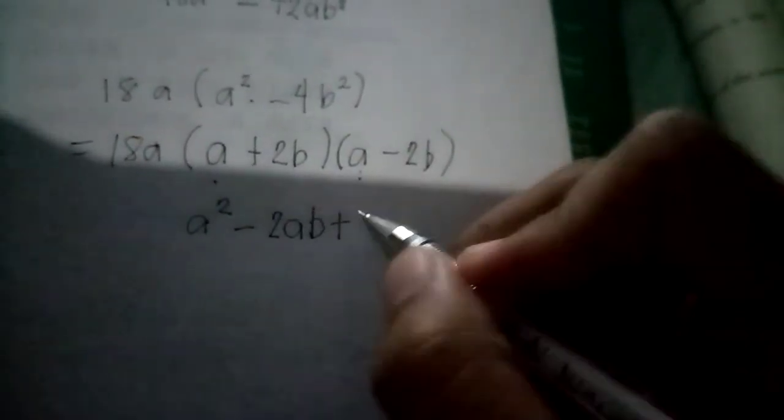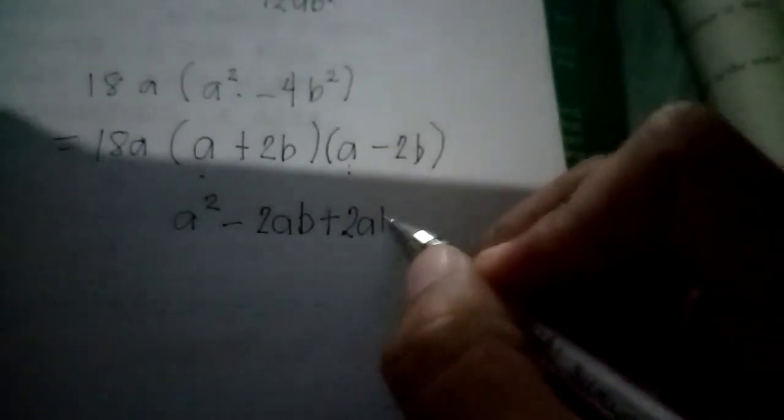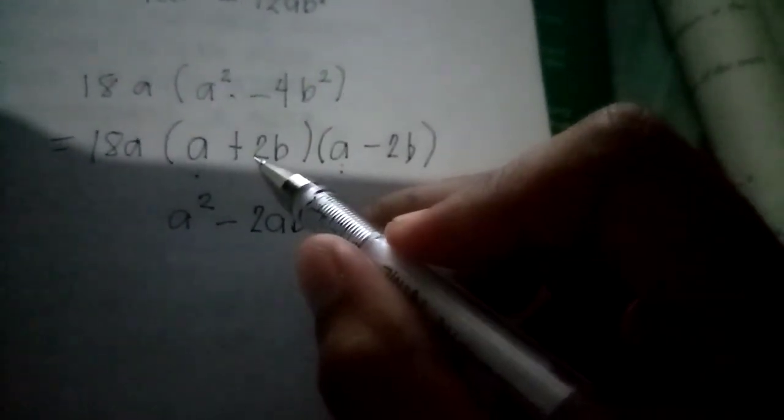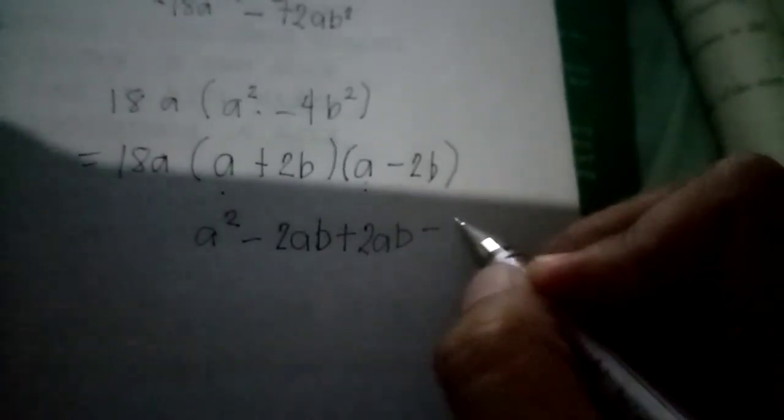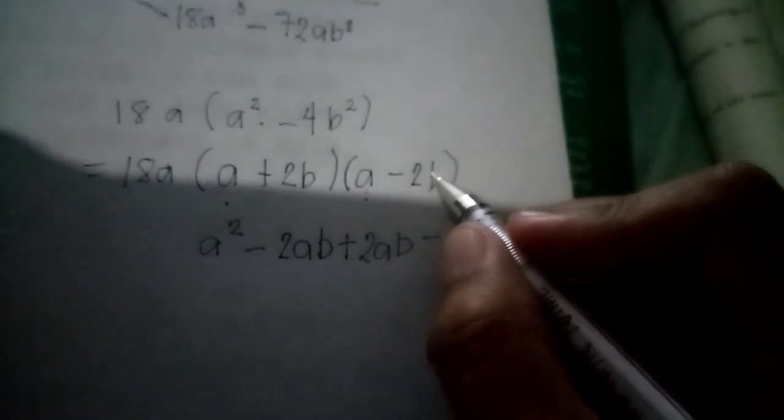Then, next is the positive 2b times a, magiging positive 2ab. Then, positive 2b times negative 2b is equal to negative 4b squared. Since parehas silang b, ipa-plus natin ang exponent.